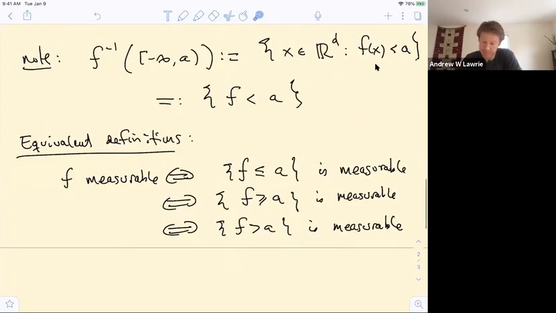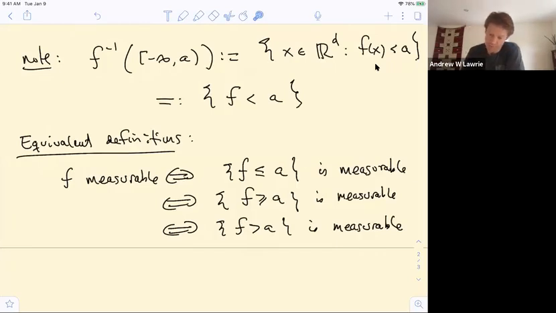For example, if you think about what the complement of this set is, the set of x for which f of x is strictly less than a, the complement is just the set of x for which f of x is bigger than or equal to a. And remember, a set is measurable if and only if its complement is measurable.